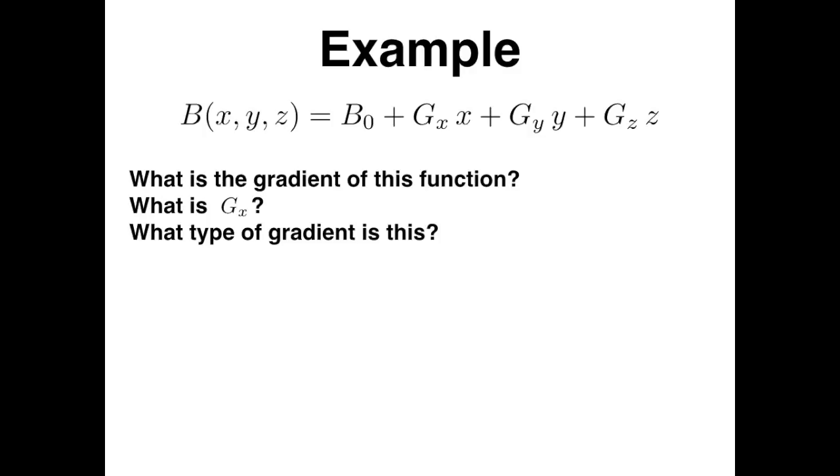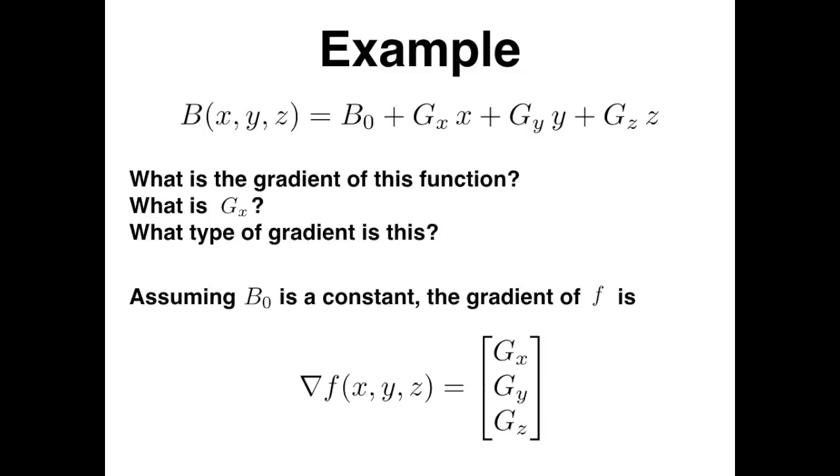Well, in this situation, g sub x, g sub y, and g sub z are all real numbers. And so assuming that b sub naught is a constant, the gradient of f is this. It's this constant vector, g sub x, g sub y, g sub z. And so this is a constant gradient. People often refer to this situation as a linear gradient, but that's incorrect.